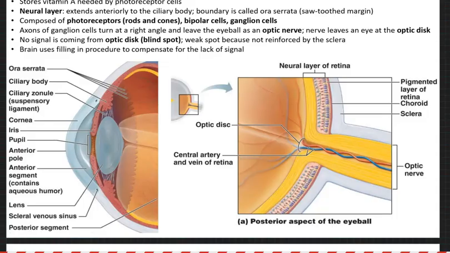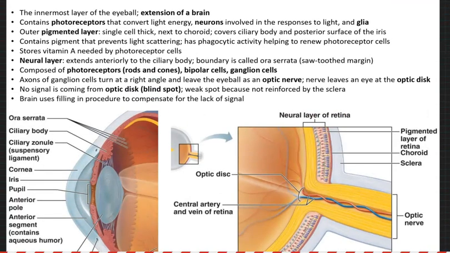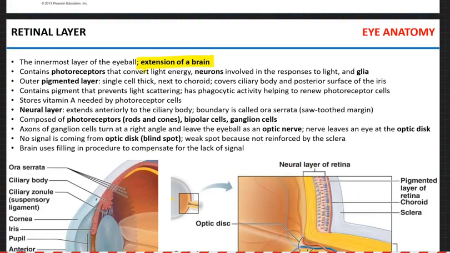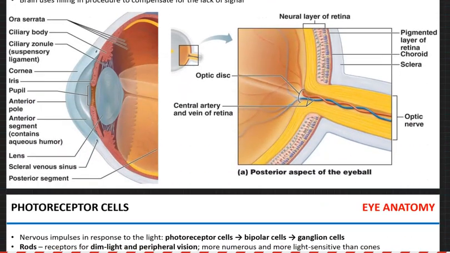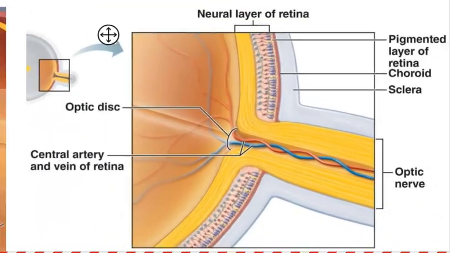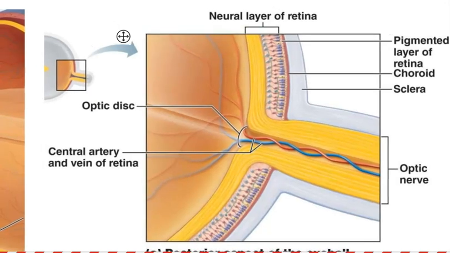Retinal layer. So the retinal layer is effectively an extension of the brain. Okay? It contains two sublayers. Let's break it down. First, and we can say the most important, is the neural layer.